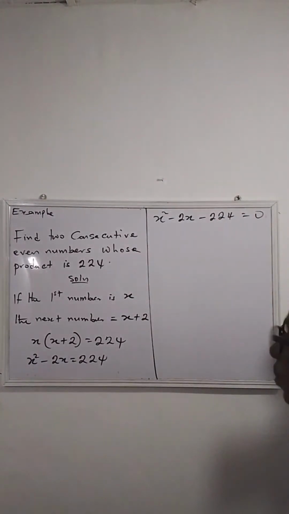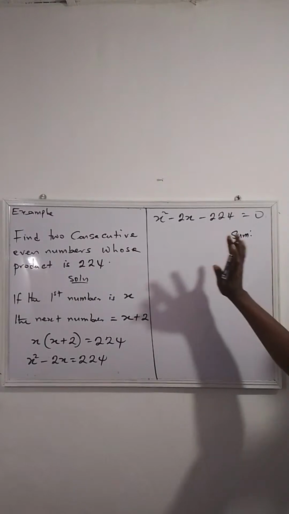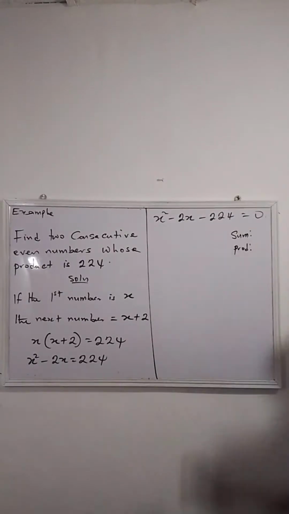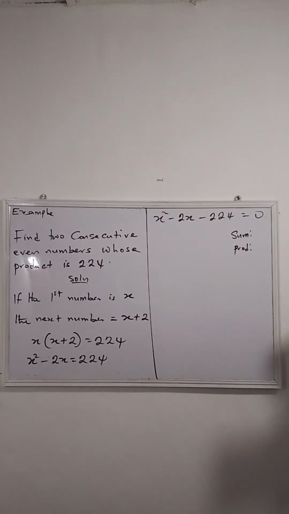All right, so I want to ask you, what is the sum and product? Yes, by now everybody should have finished. So what is the sum and product of this quadratic equation? What is the sum and product? Sum is what? Product is what? Tosin, we have minus 2 and minus 2 to 4.